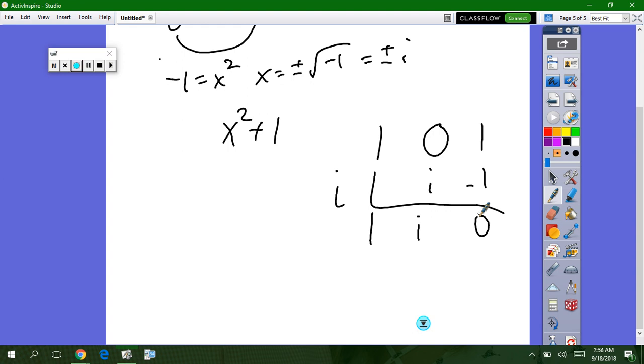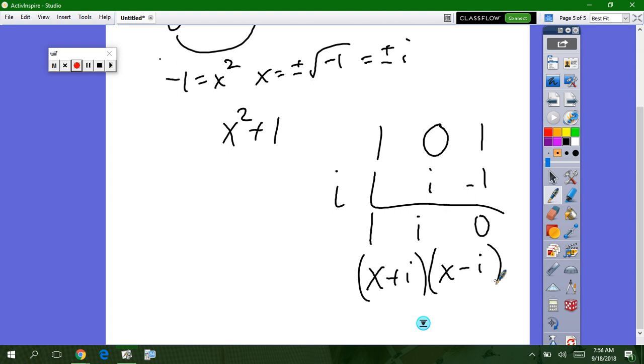If this is x squared, what's this term? x. So this is the same thing as x plus i. This guy gave me what? x minus i. Notice what's the value that makes him 0? Negative i, and what's the value that makes him 0? i.